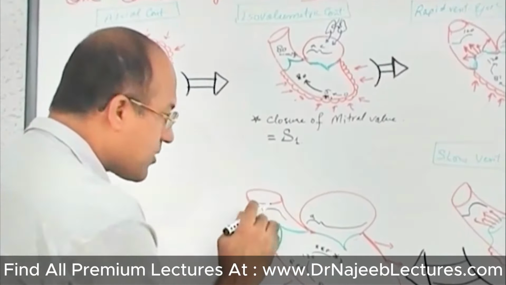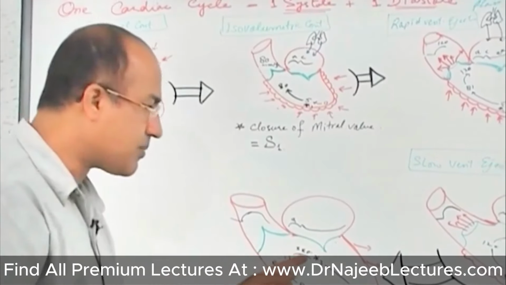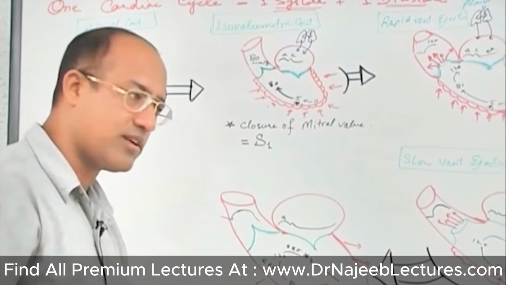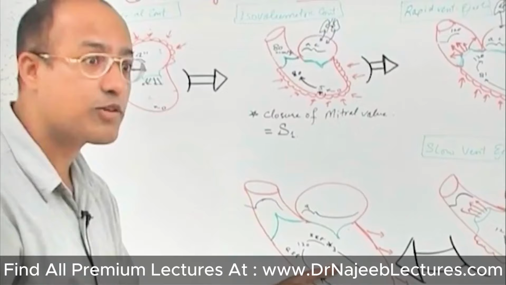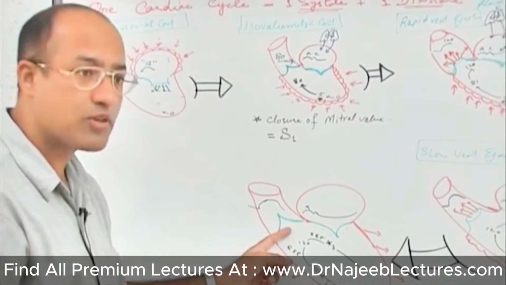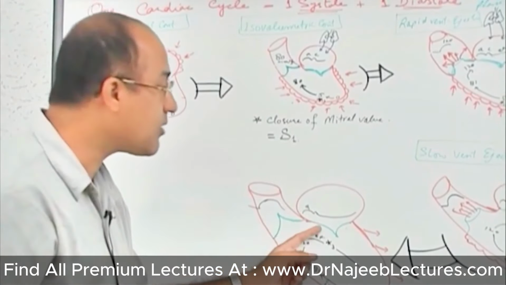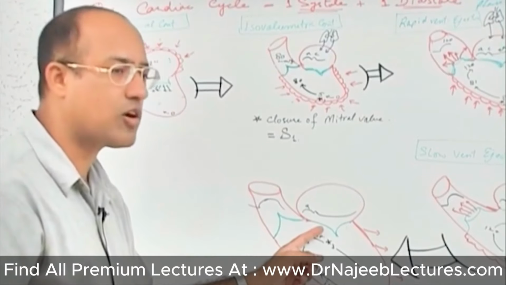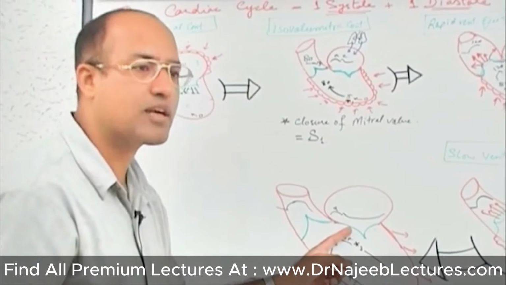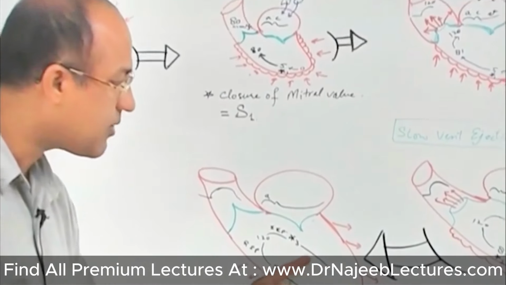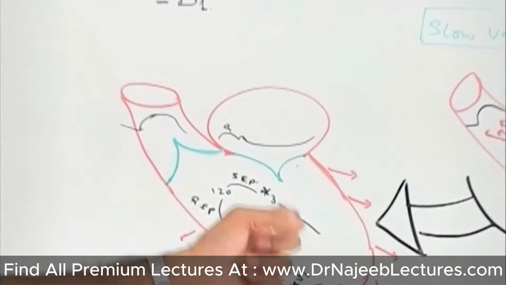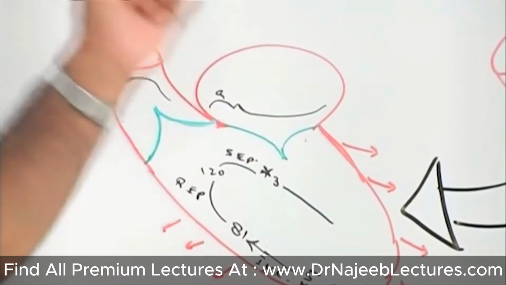But you have to remember one thing: when pressure in the ventricle is rapidly falling, aortic pressure is more than intraventricular pressure, so the aortic valve is closed. But the mitral valve is also closed, it is not yet open, because intraventricular pressure, even though it is rapidly falling down, is still more than intra-atrial pressure.